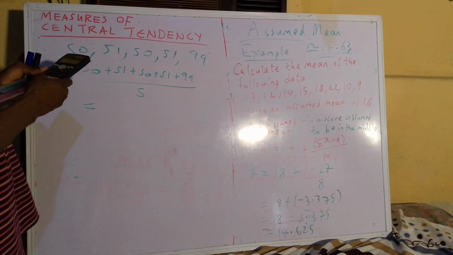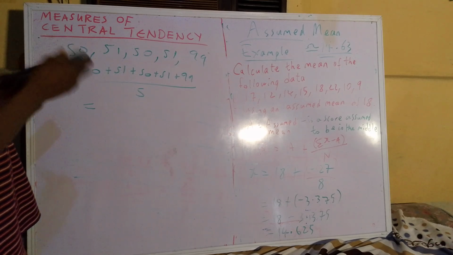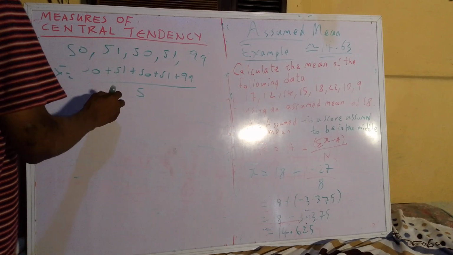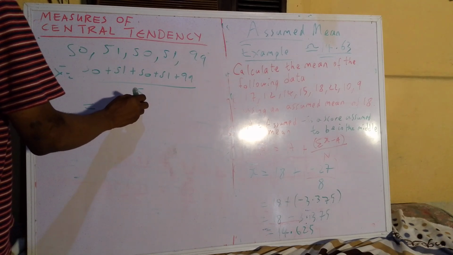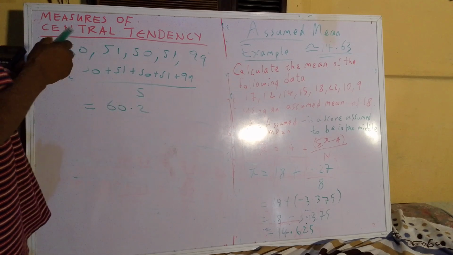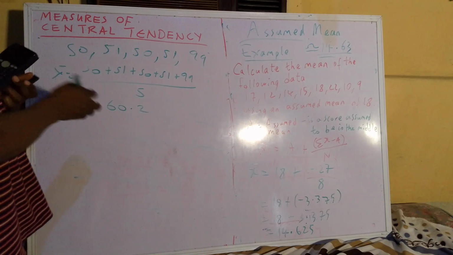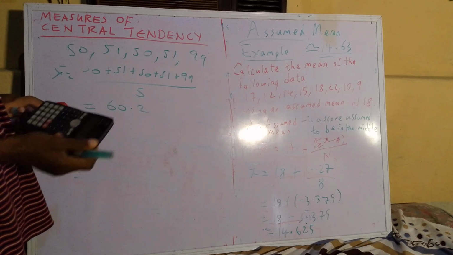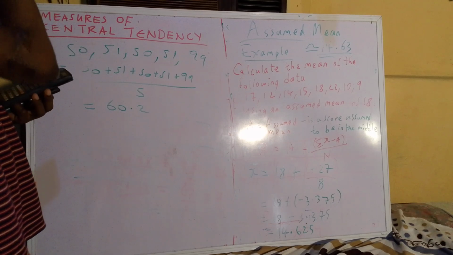Divided by 5. It will give you 60.2. You can see, this value is not saying the truth about this distribution.